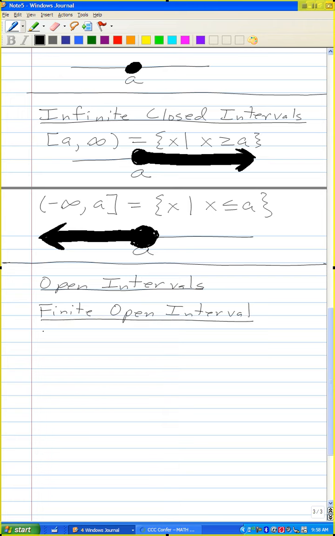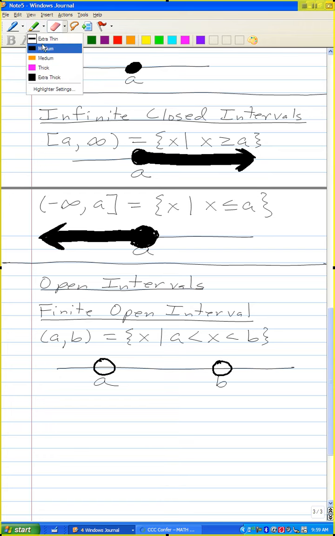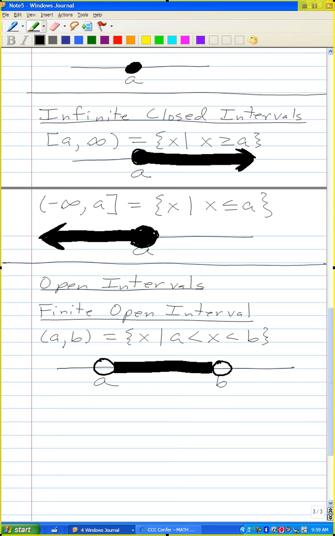So the open interval from A to B is just the set of all x's which are between A and B, but they do not include either A nor B. And so it's everything between A and B, but it does not include A, nor does it include B.